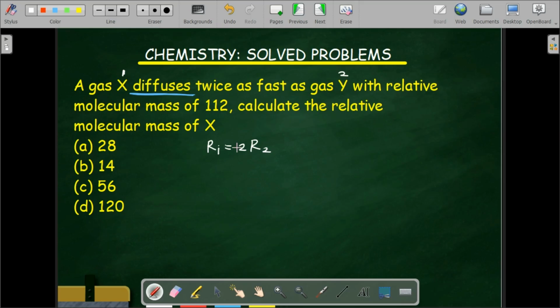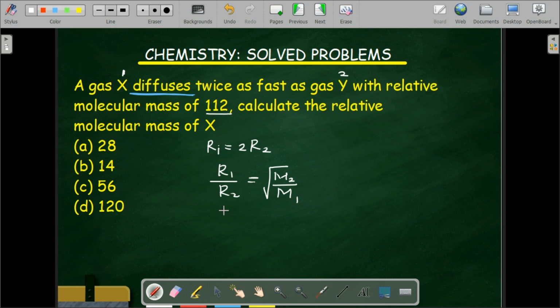So in that context, we can now use our formula R1 over R2 is equal to the square root of M2 over M1. M2, the mass of gas Y, is given to be 112.